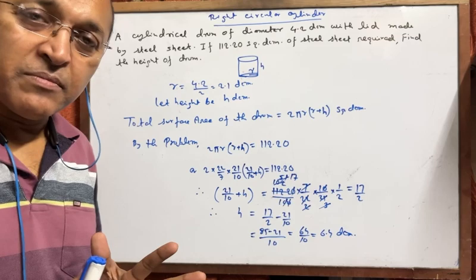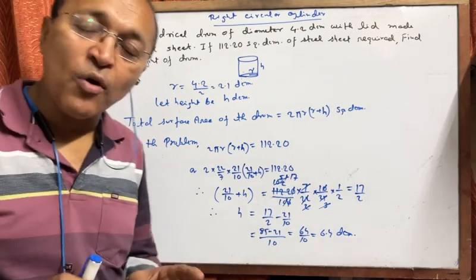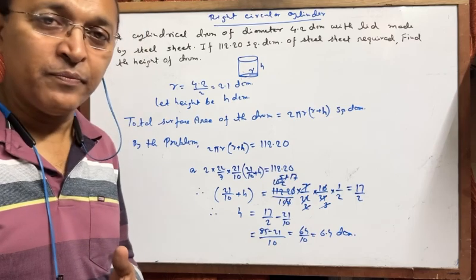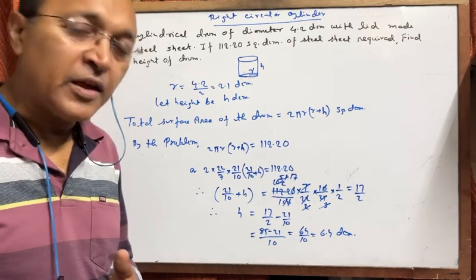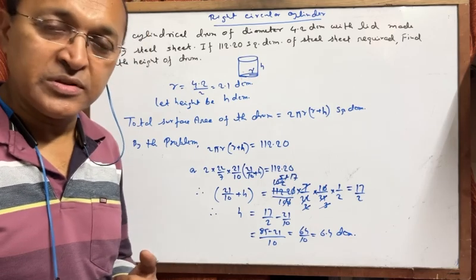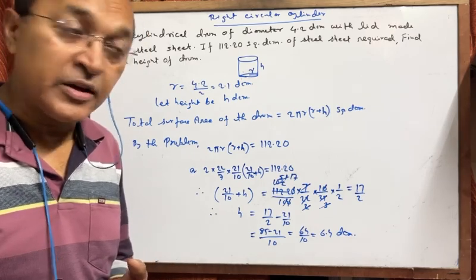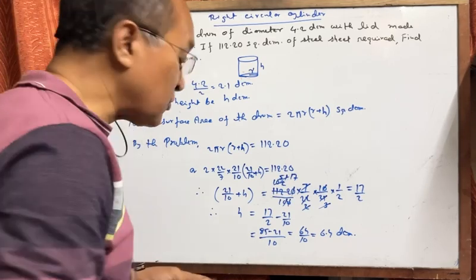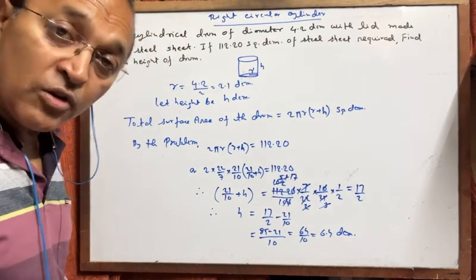In mensuration, all the calculations are important, but if you convert all the decimals into fractions, I think you can easily do all the calculations. Right? It depends upon your practice. This will give you confidence.